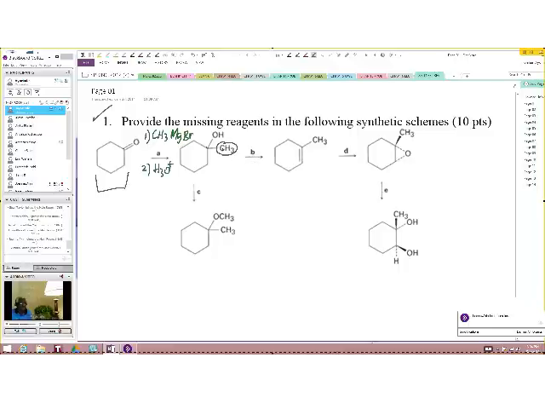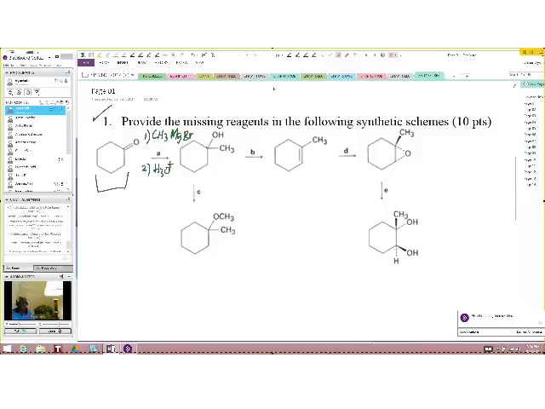We want to go from this tertiary alcohol to a carbon-carbon double bond, an alkene. What reagent do we need here? You could use sulfuric acid or POCl3. Okay, excellent.